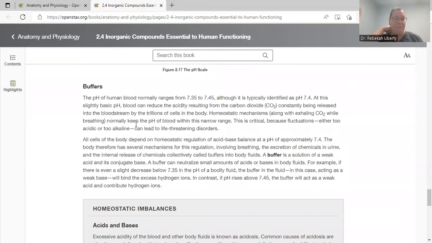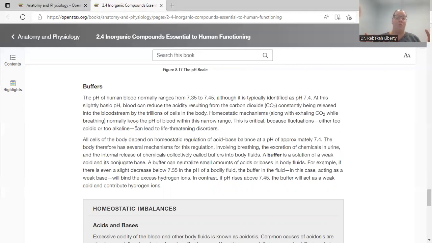And then there's something called a buffer, and a buffer is something that is not a strong acid or base. It's a weak acid or base, and it is going to be able to accept some of those hydrogen or hydroxyl ions in a solution. Like we talked about temperature before, right? If you go out into 120 degrees, you don't instantly jump to that temperature. A buffer is something that accepts.